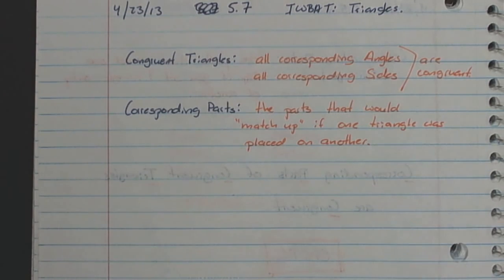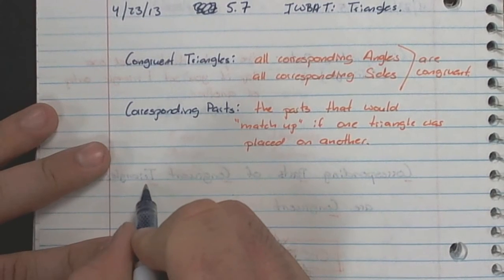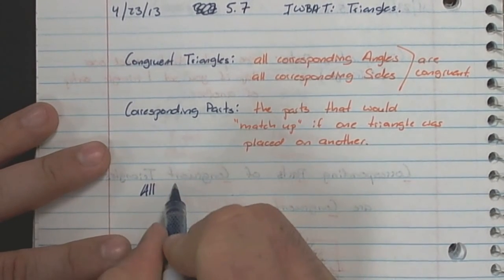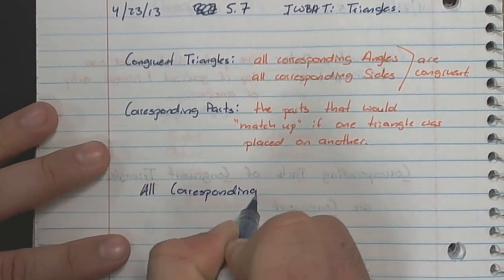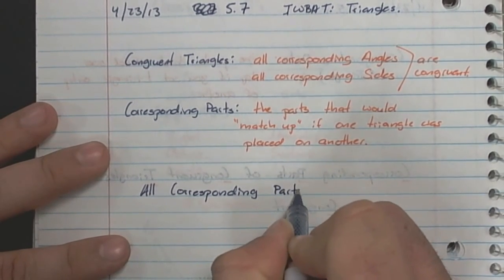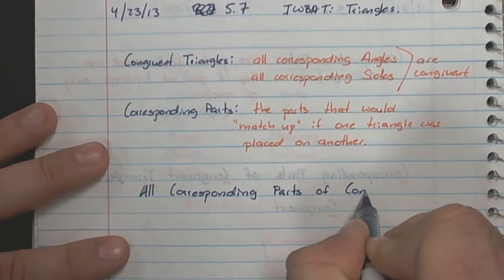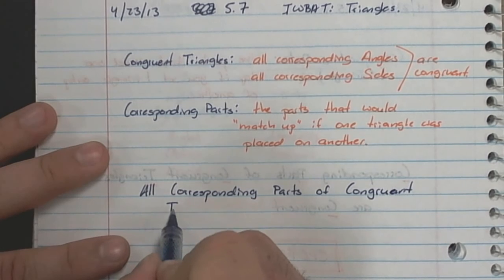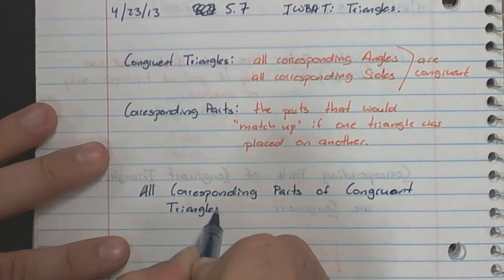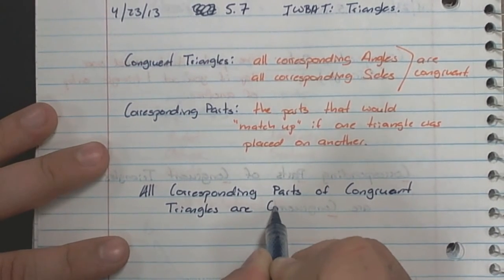I can also work backwards and say that all corresponding parts of congruent triangles are congruent.